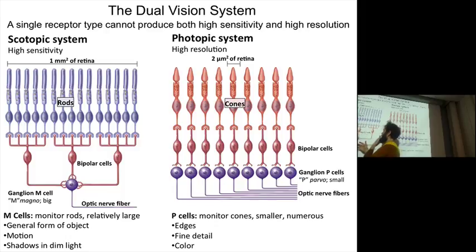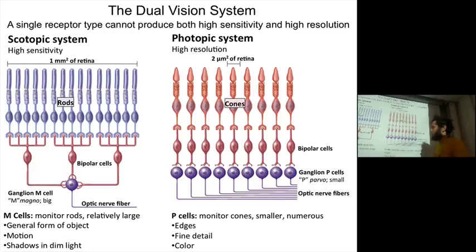This is a convergent pathway that converge on significantly fewer bipolar cells and then all go to a single ganglion cell. This ganglion cell is of a type called an M cell. M is for magno or big. It is certainly that histologically, and it integrates the information of a wide range of these cones.